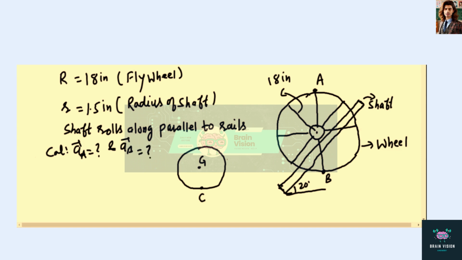Let us start solving it. Let G be the center of the shaft and C the point of contact with the rail.